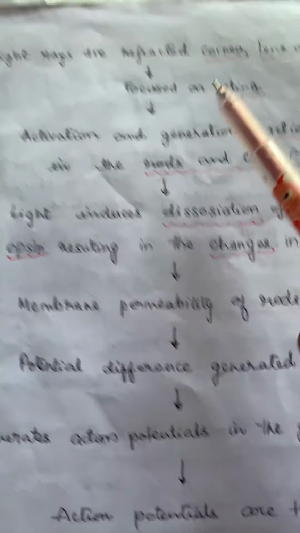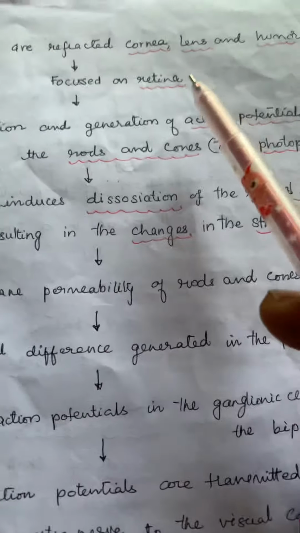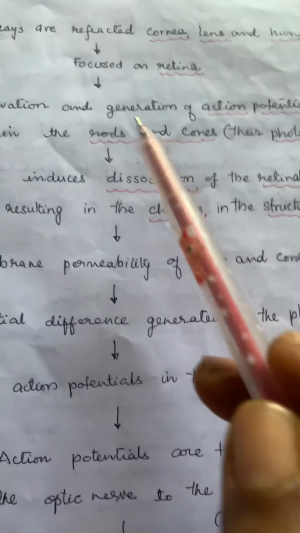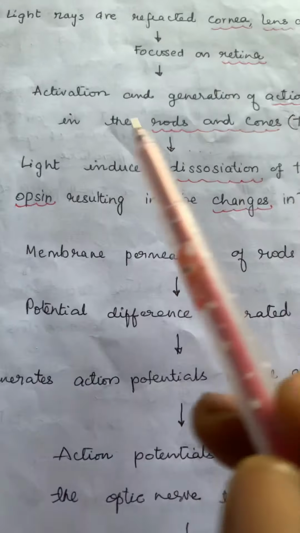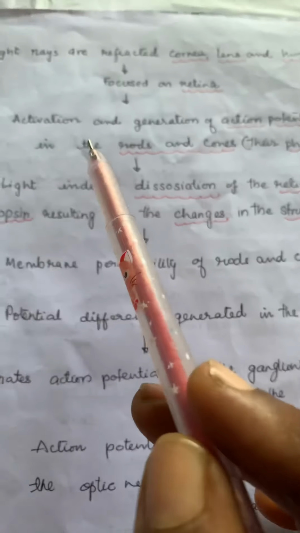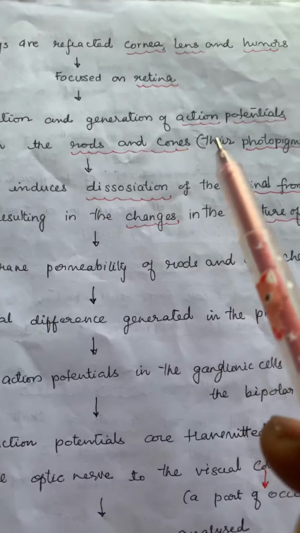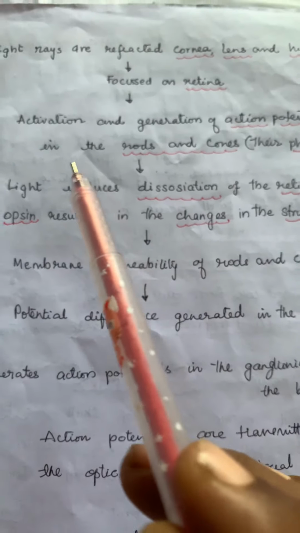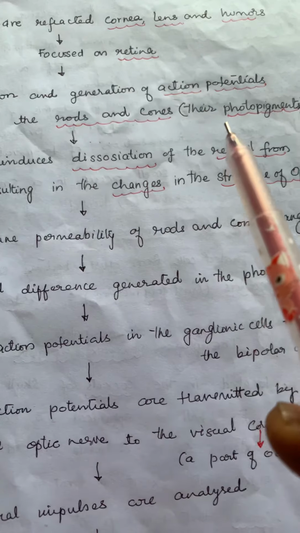Here, light rays are refracted through cornea, lens and humor. They are focused on the retina. Here, activation and generation of action potentials occur in the rods and cones.